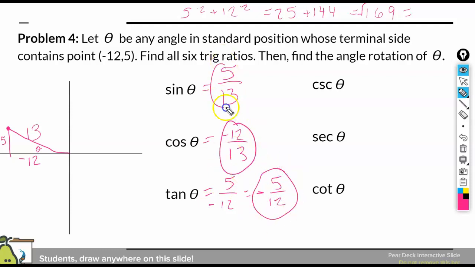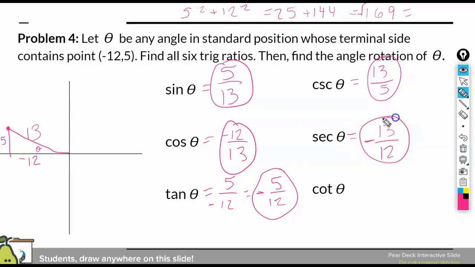And we didn't have any denominators to rationalize, which makes finding these super easy because we're just going to flip them. So 13 over 5, it stays positive. 13 over 12, it stays negative. And 12 over 5, it also stays negative. So that gives us all of those.